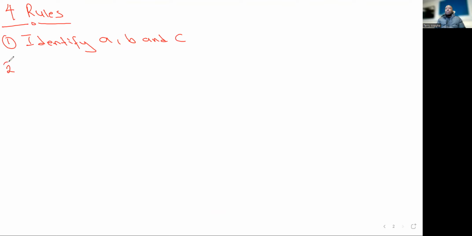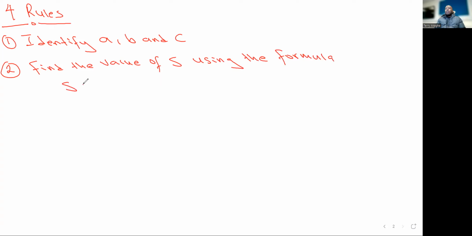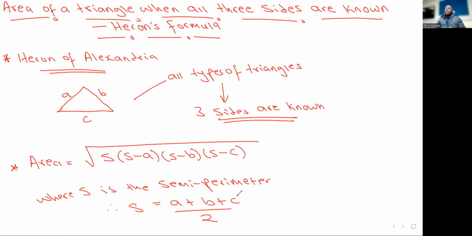Then number 2, you have to find the value of s using the formula: s is equal to a plus b plus c divided by 2. So remember the formula, we had s in the formula, right?